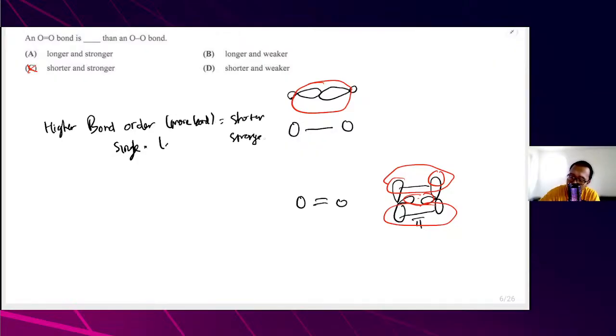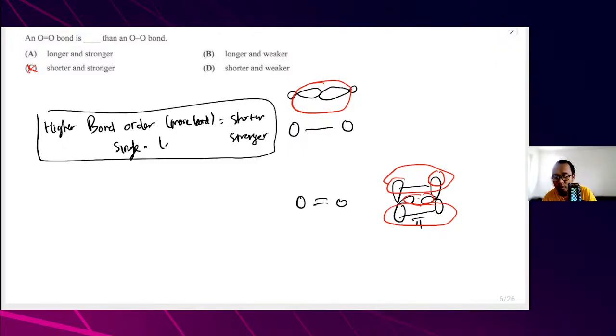This is the key. Higher bond order, or more bonds, means stronger. Why? This is the concept: more electrons shared. This is the easy way to memorize.